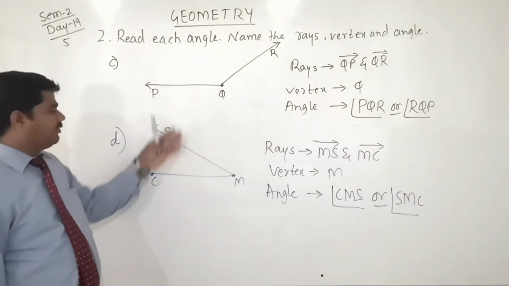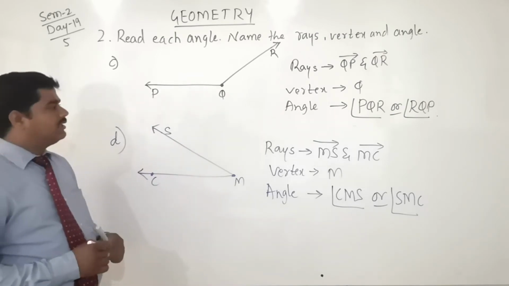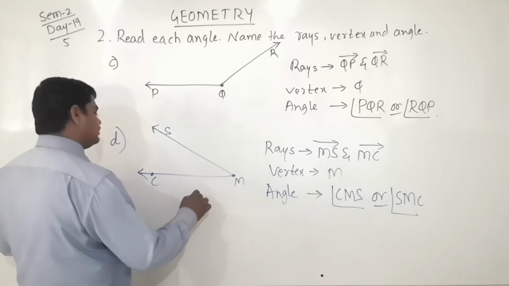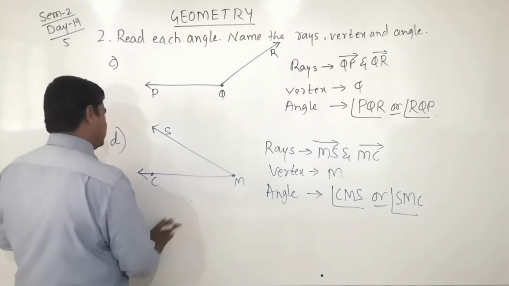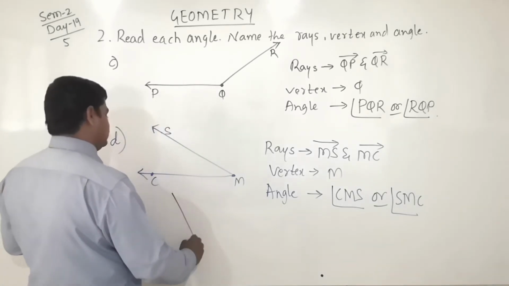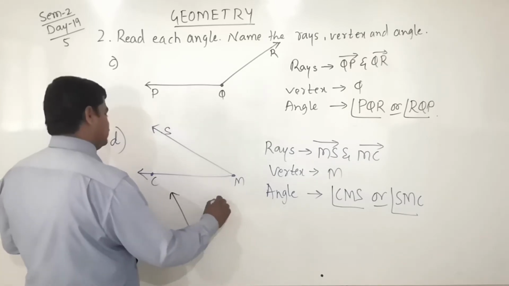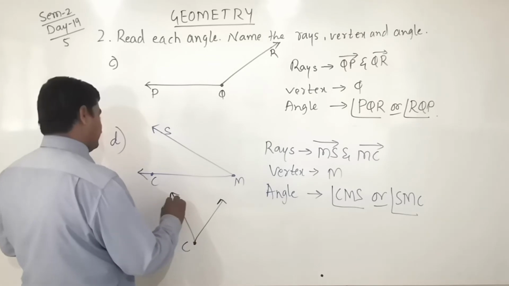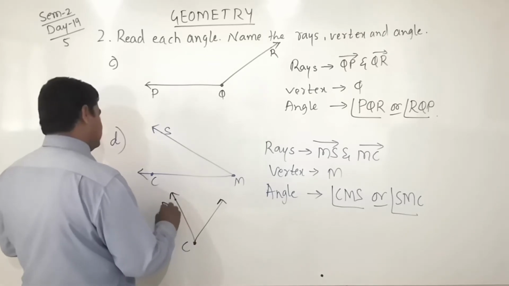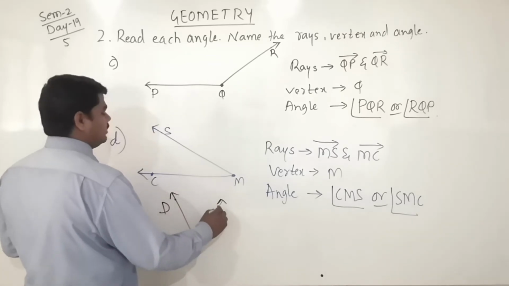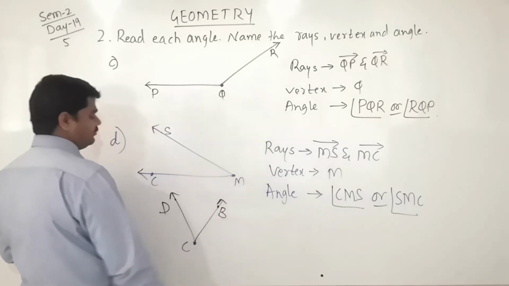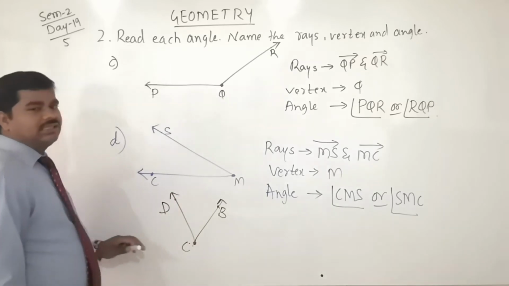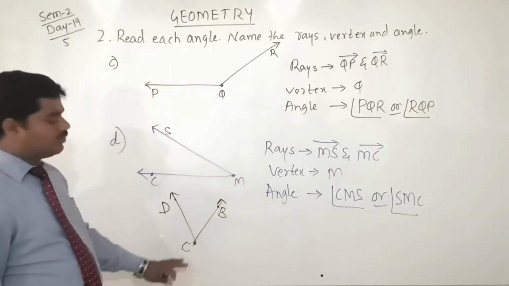If any examples are given as figures, you can name them. Yes or no? One more, this type. C, D, B. CD is a ray and CB another ray, two rays.